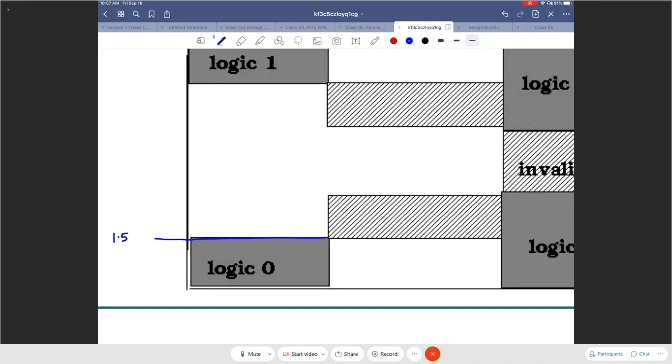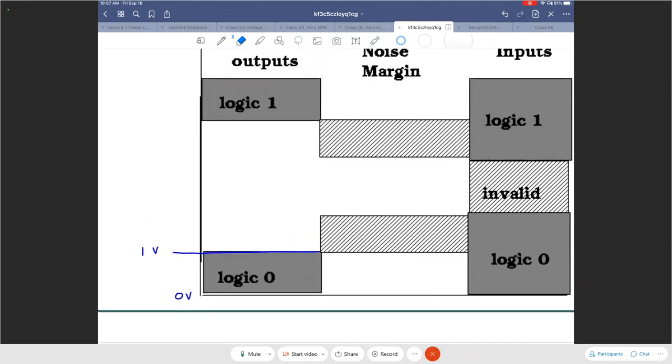That's 1.5 volts, if this is 0 volts here. Actually, let's make it just 1, as an example. So any voltage between 0 and 1 volt as an output voltage for logic gate 1 is logic 0.